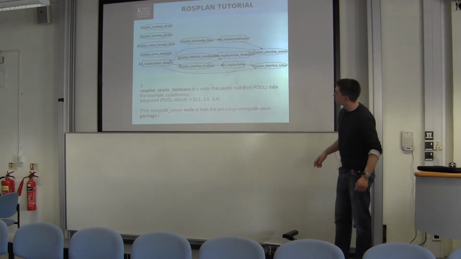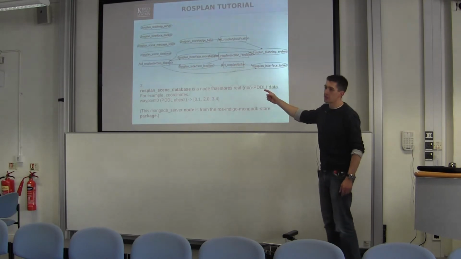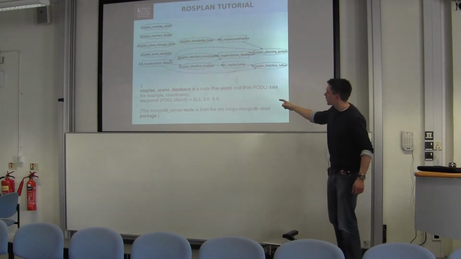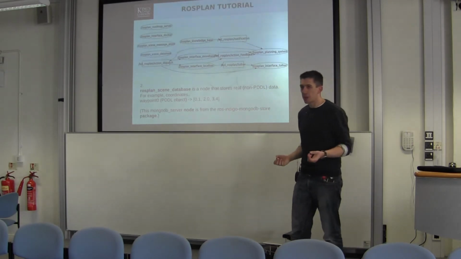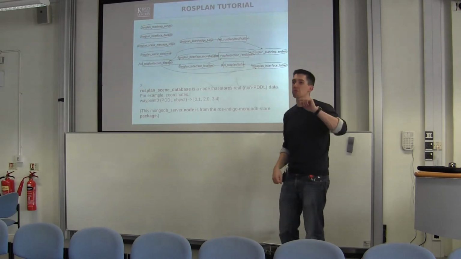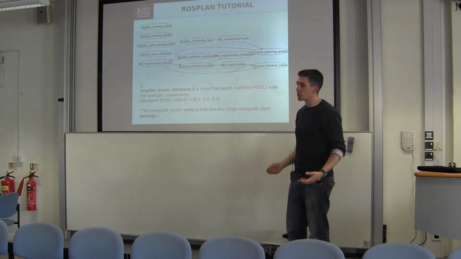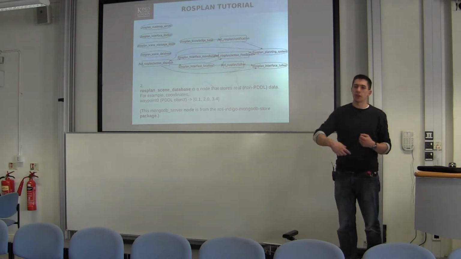The scene database is actually just a MongoDB server, renamed the scene database, and it stores some real knowledge. If you're doing classical planning, you might have set waypoints around the map, and you want to say, go to waypoint 3. But move base needs coordinates in order to actually pathfind and find the route.